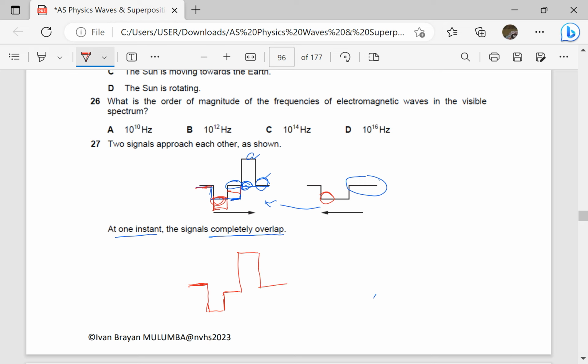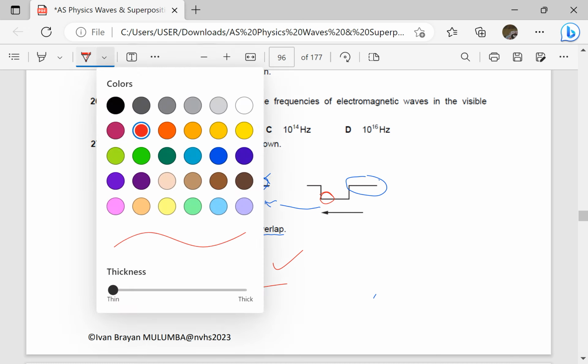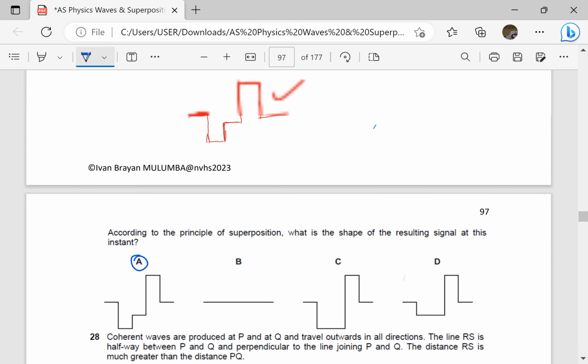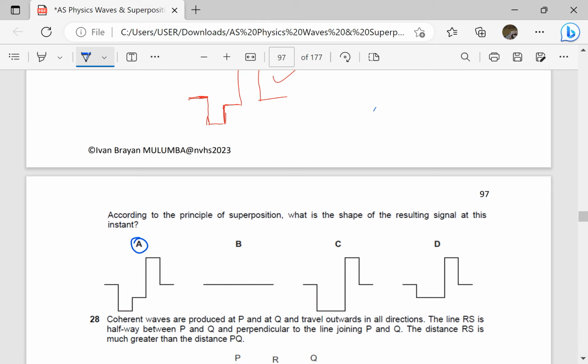So this part here is what has been affected, it has been taken deeper. So we expect a signal which looks somehow like that. Let's check from the alternatives to see which one matches. Exactly this one matches our answer, so the answer is going to be A.